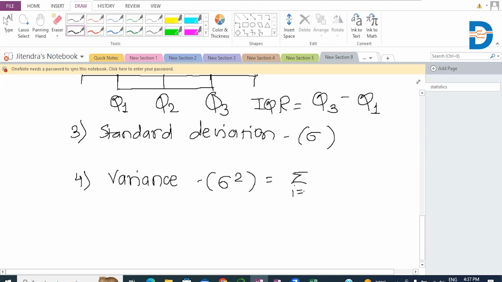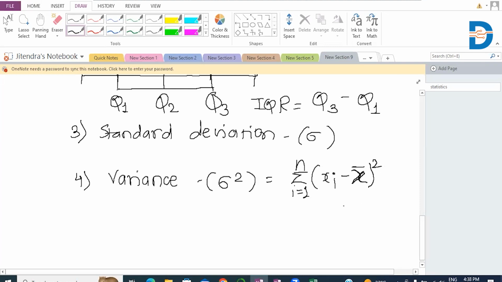Summation of i equals 1 to n, x of i minus x bar. x of i means each and every data point, and x bar means the mean or average of those values.